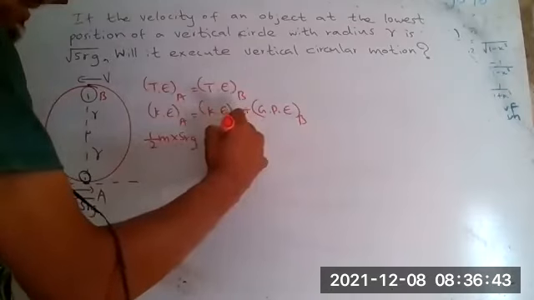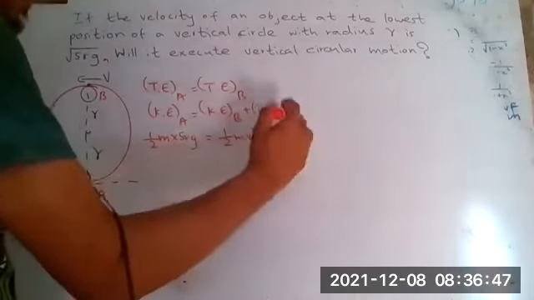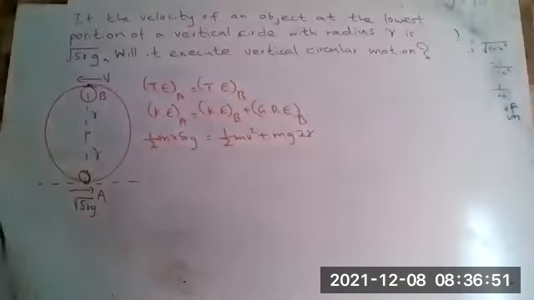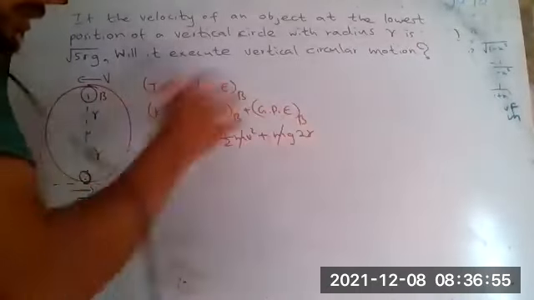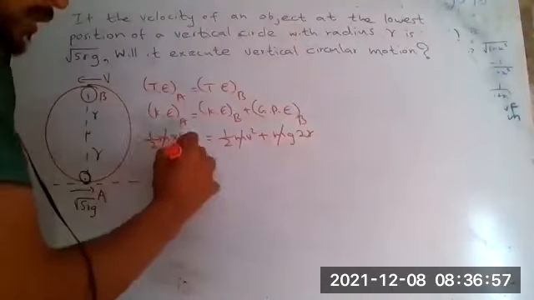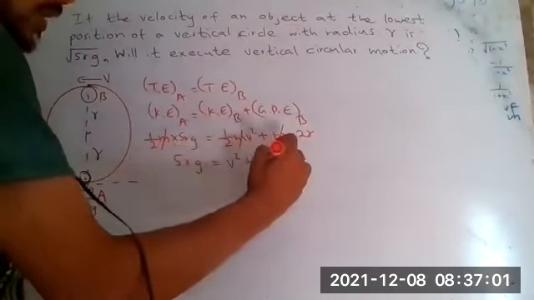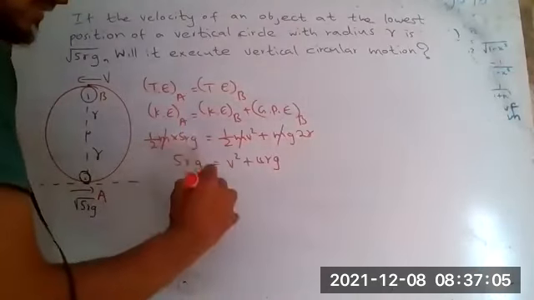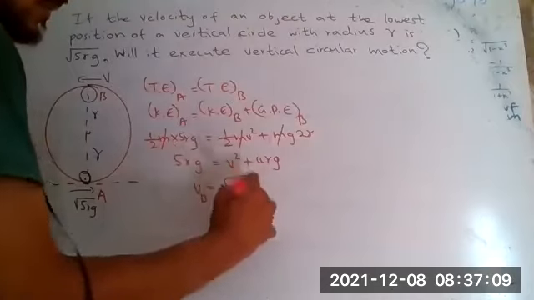Then at B it is half m v squared plus mgh, where h is 2r. Cancel half and multiply all by 2: 5 rg equals v squared plus 4 rg. So v squared is rg, and v will be root rg.